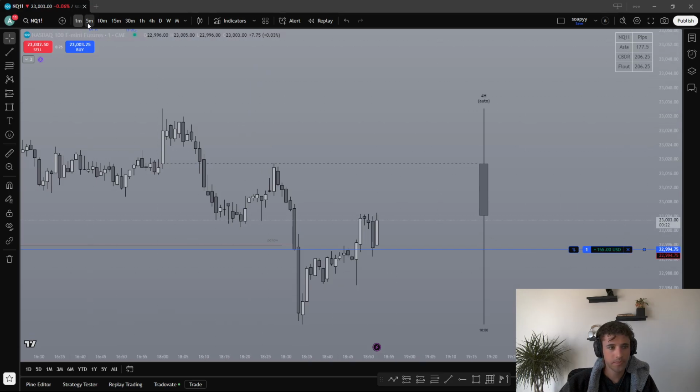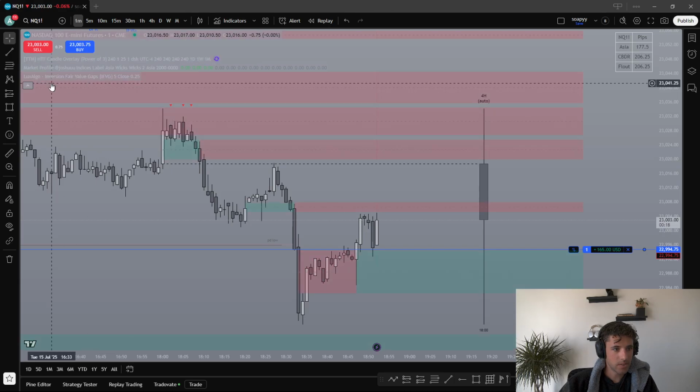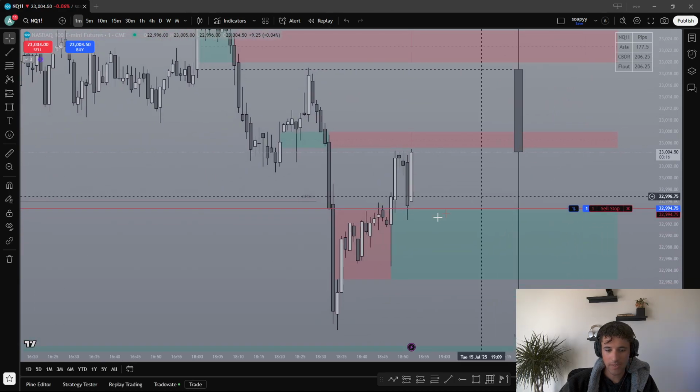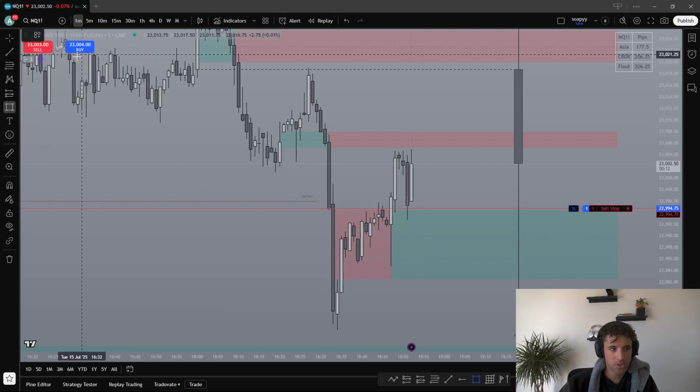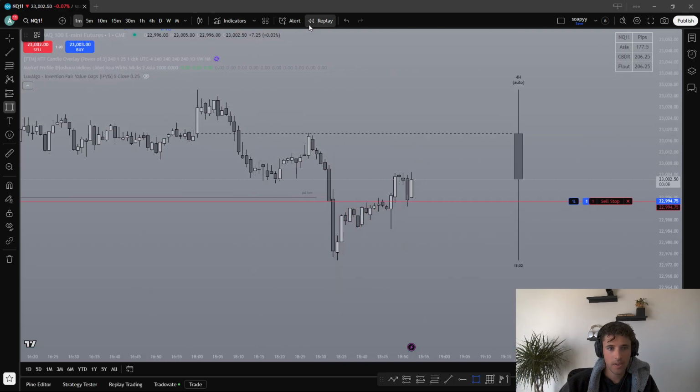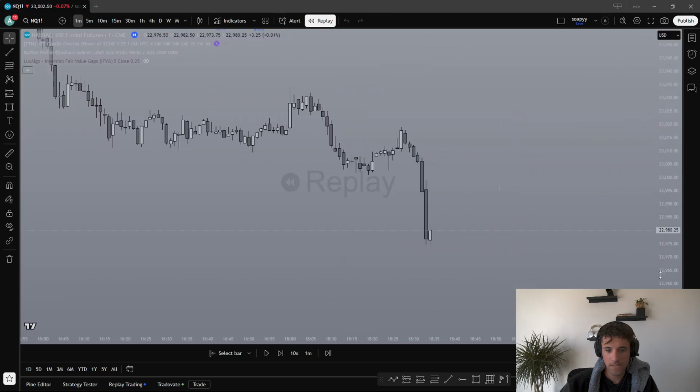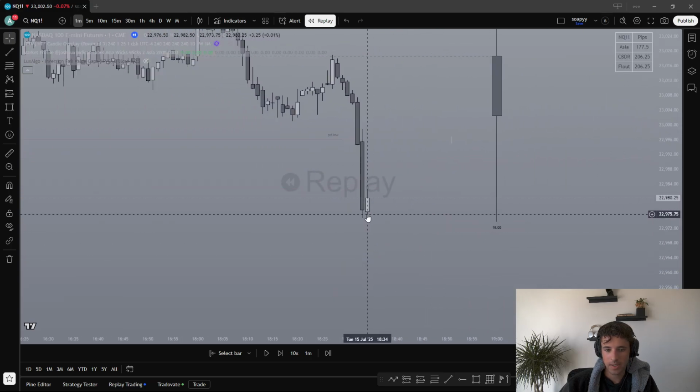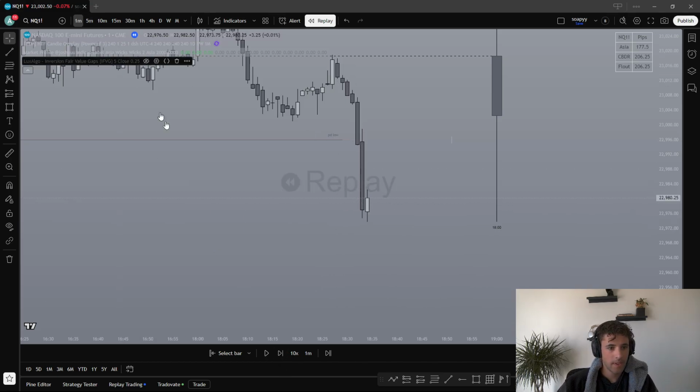So you can see, let me turn the indicator back on so it makes it obvious. The most obvious one is the one right down here, where you can see we were in bearish structure. And like right here. And then you're like, okay, you're trying to find the bottom.